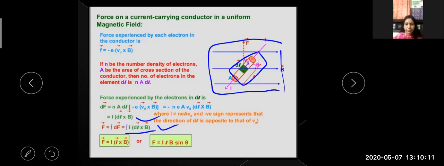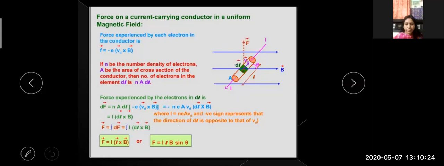So we can write F equal to I L cross B, or F equal to I L B sin theta. This is the force experienced by a current carrying conductor in a uniform magnetic field, where theta is the angle between the current element and B, and B is the magnetic field.